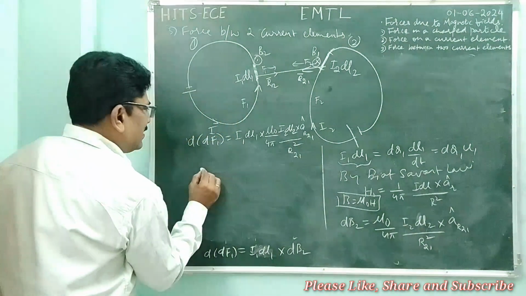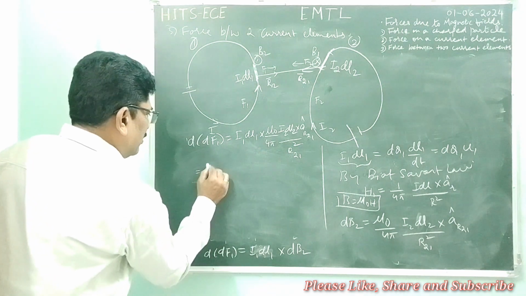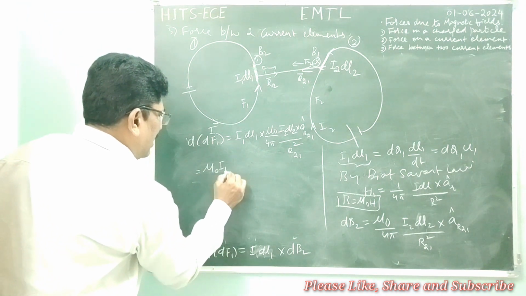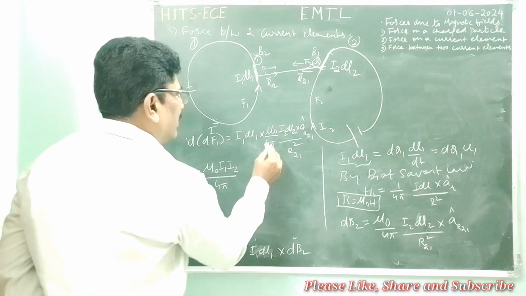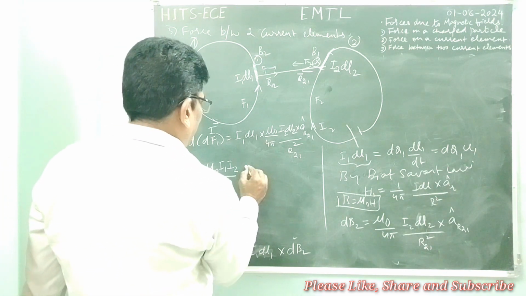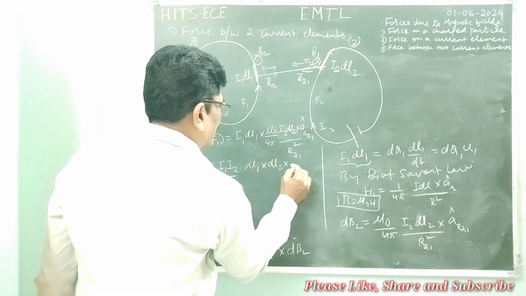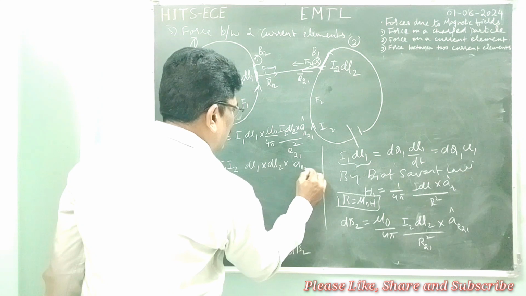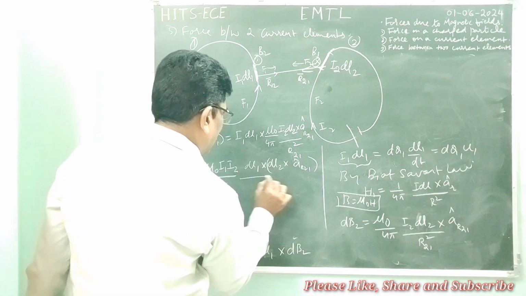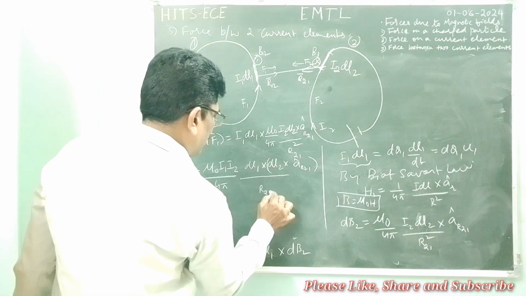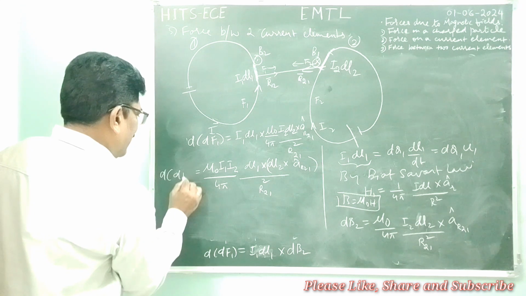So this can be written as I1, I2 and mu 0, I'll take out mu 0 I1 I2 by 4 pi, dl1 cross dl2 cross aR21 cap by R21 square. This is d of dF1.